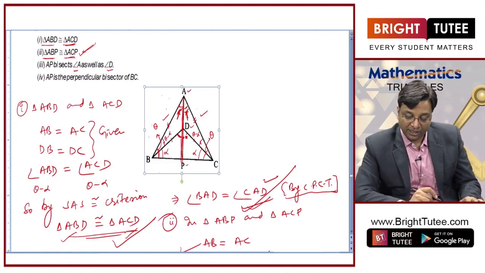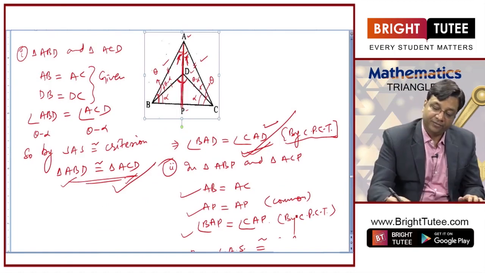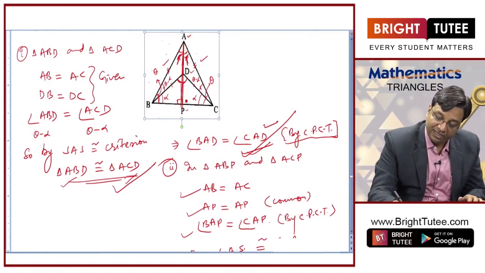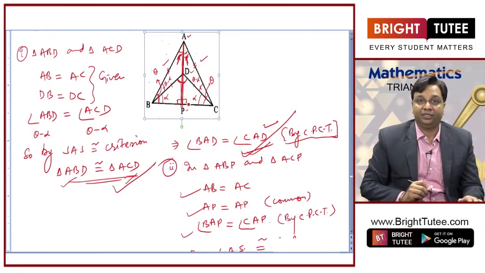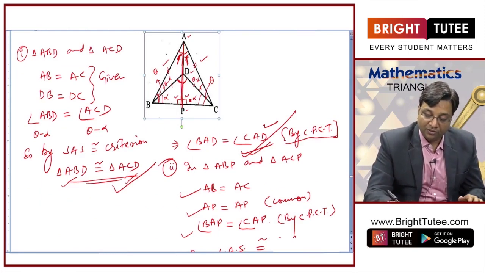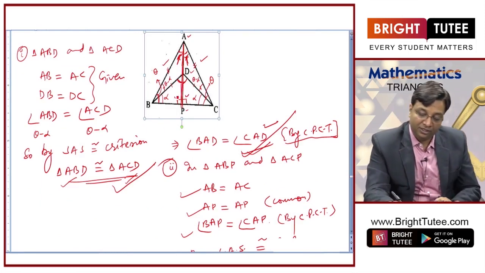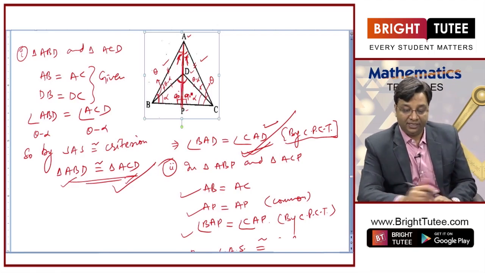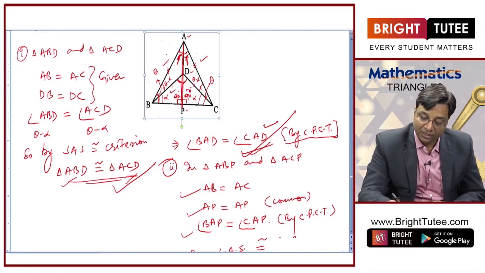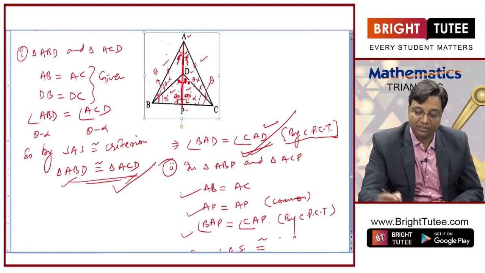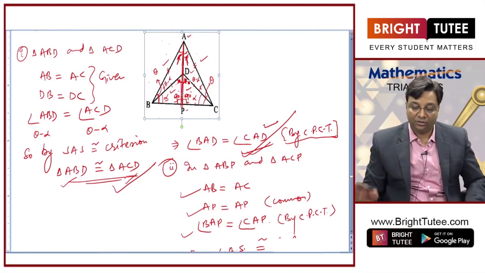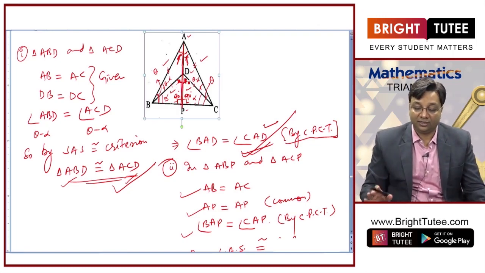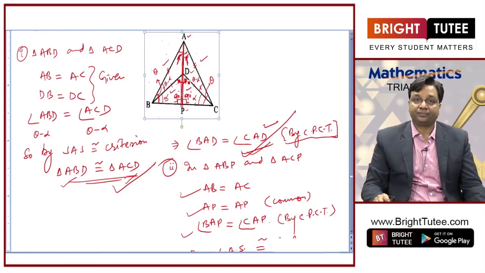This is also pretty easy, because angle APB is equal to angle APC. So these two angles are equal and these form a linear pair. So we can show that both of these angles are 90 degrees each, right? And when you look at these two triangles, two angles are equal, hence the third angle will also be equal. So these two angles will also be equal, right? So you can show that these two angles are equal very easily.